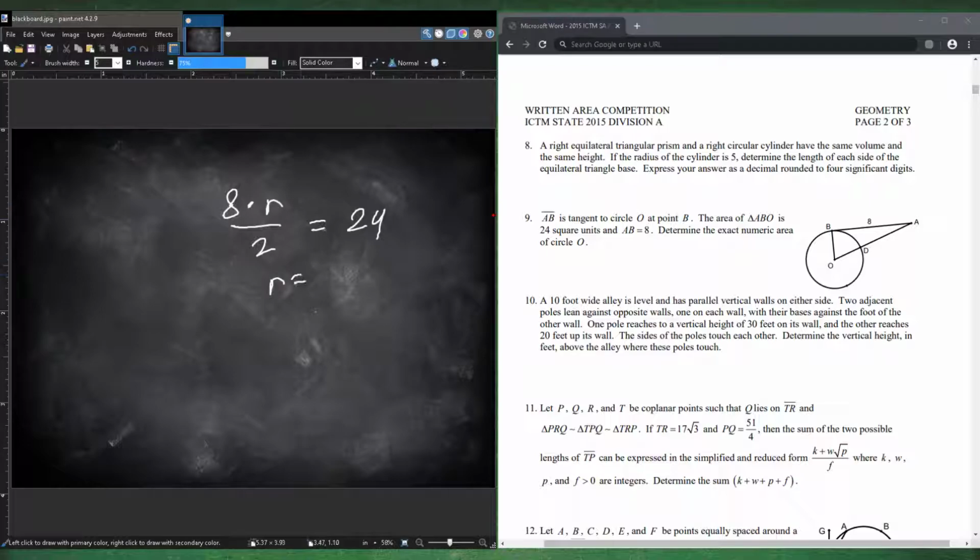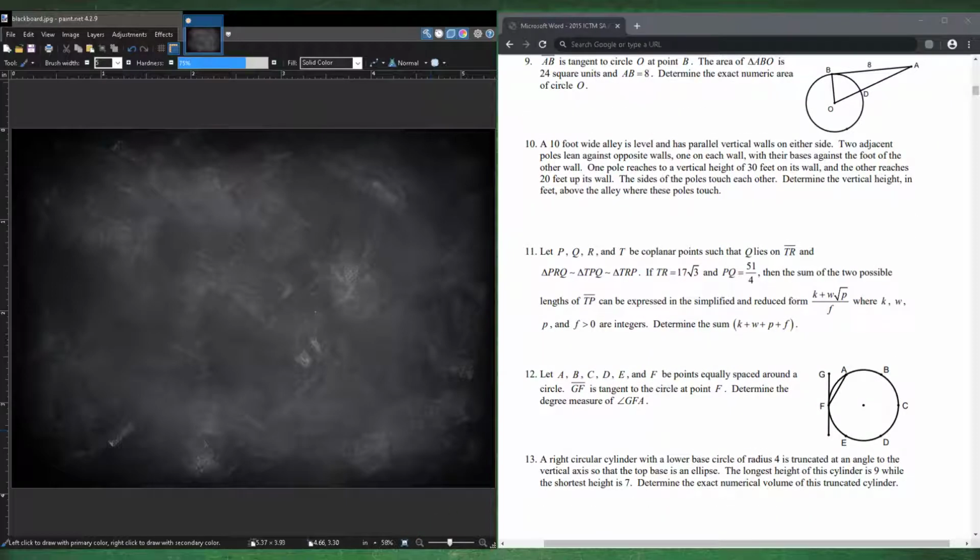So your radius is equal to 48 divided by 8, which is 6. So to get the area, the radius is 6, so then our circle's area is pi radius squared, so that's just 6 squared times pi, which is 36 pi. And that is your answer for number 9. Basically just that simple.